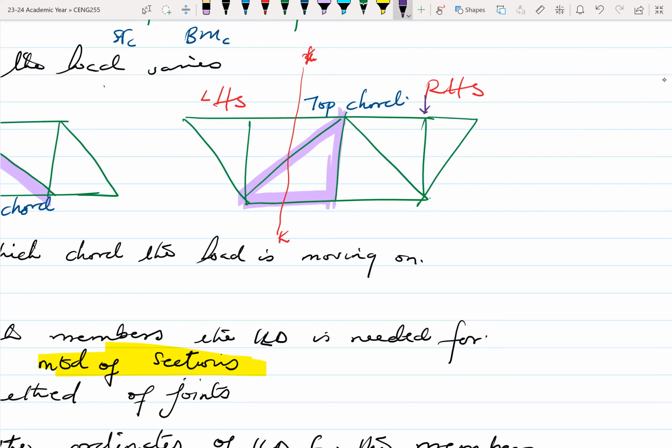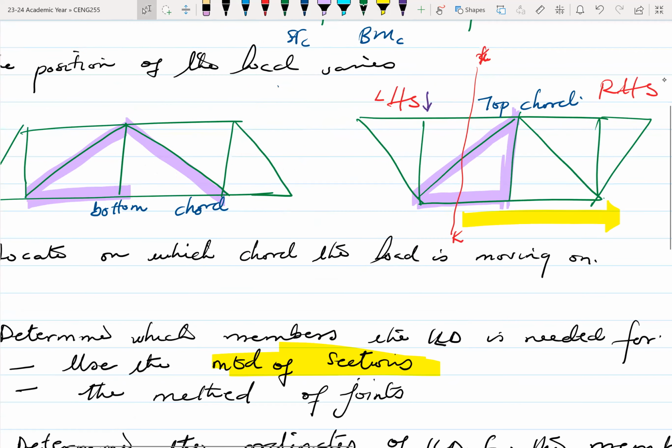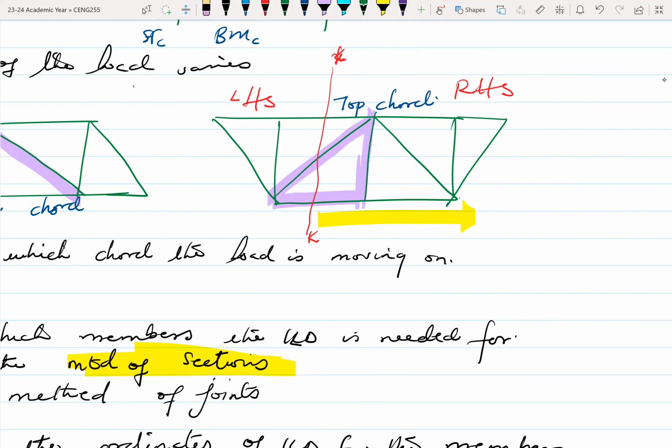All right. So what I'm saying is that if the load is on the left-hand side, like in this case, it is easier working with the right-hand side portion to find the forces in the members. Now, when the load moves to the right-hand side, so now your load is somewhere here, then it's easier working with the left-hand side.